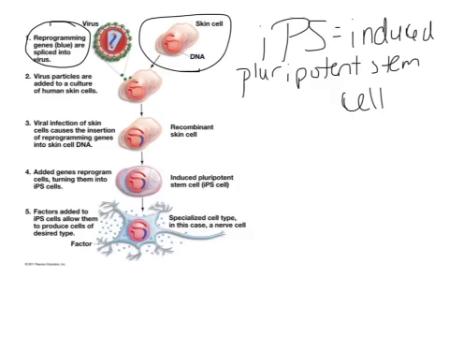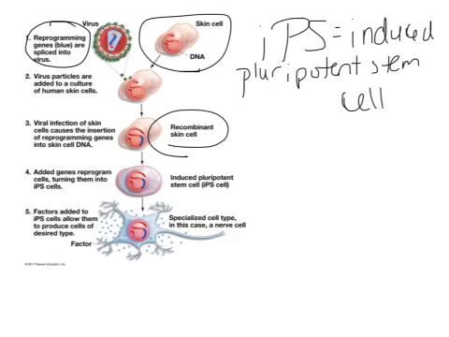And so the virus, remember, viruses will incorporate their genomes into their host cell. The virus injects those genes into the host cell, and we end up with a recombinant skin cell that now has these reprogrammed genes in it as well as the original DNA.